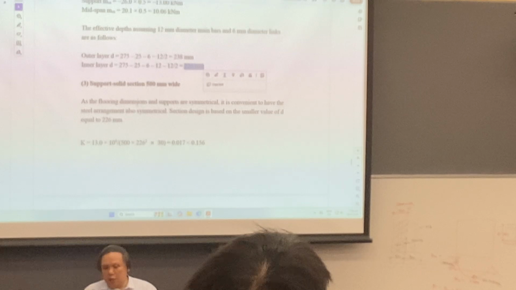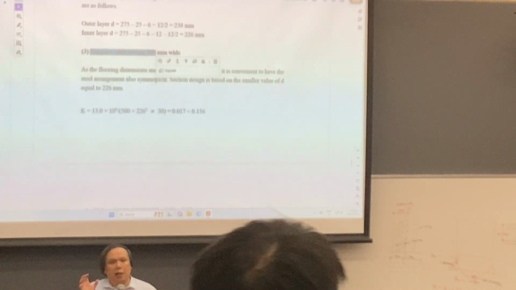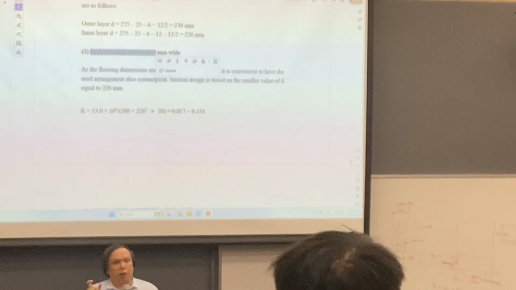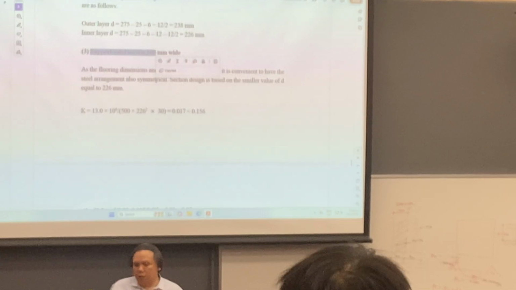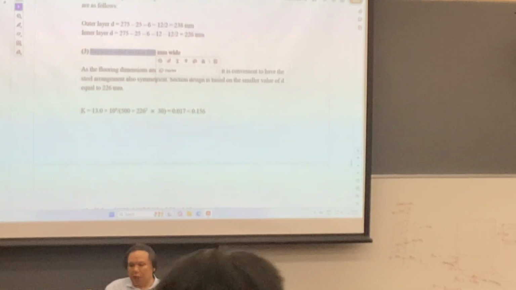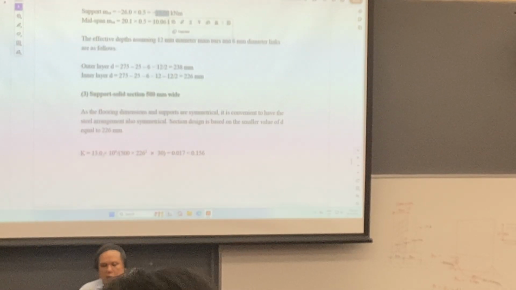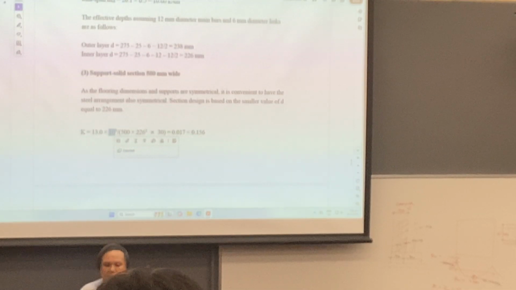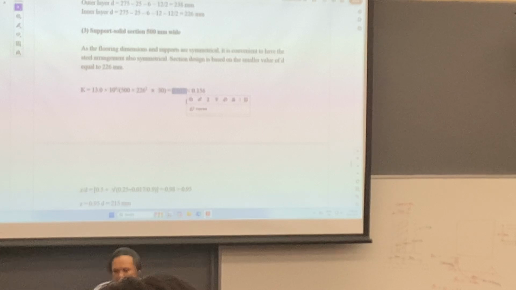And then for the solid slab section, 500 mm wide, because at the end the width will be equal to 500 mm. The bending moment is 13 at the ends. Then 13 times 10 to the power 6 over fcu b d squared is equal to 0.017, so K is okay.